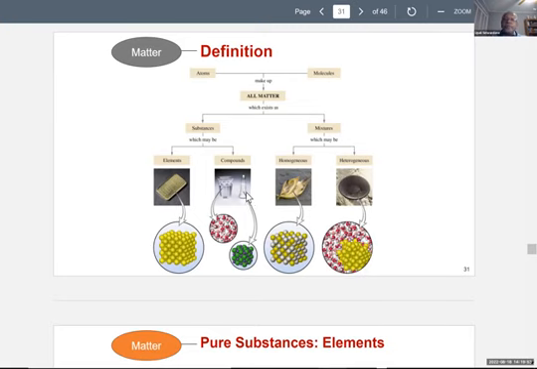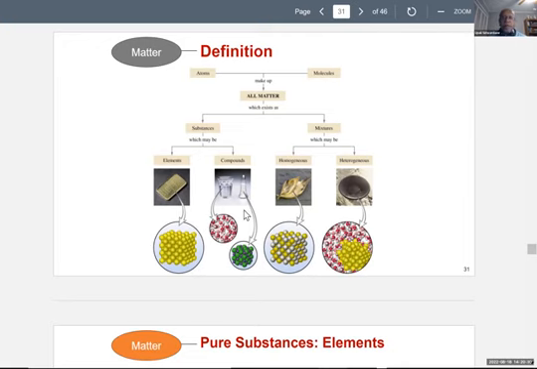Salt shaker here, salt inside. Salt is sodium chloride. This is an ionic compound created by sodium ions and chloride ions. That's why I call it atoms, molecules, and ions. So you get the idea.